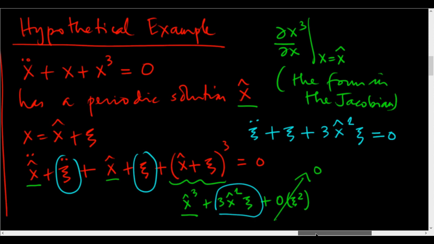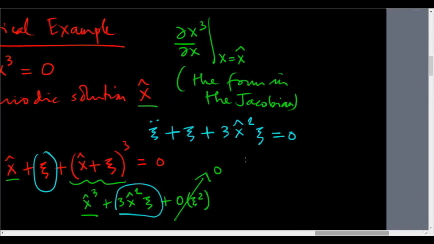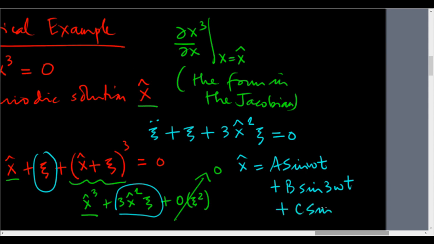Now I know that x cap is not going to be so simple as a sine omega t, but let us tentatively think of it like this: a sine omega t plus b sine 3 omega t plus even c sine 5 omega t. For demo only, in reality it is some other function, but let us tentatively just say that.